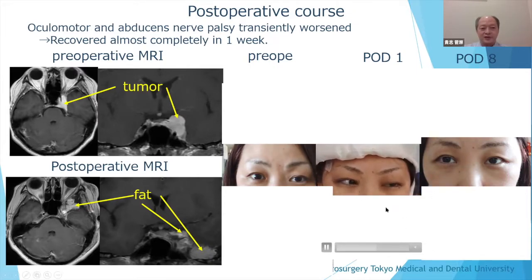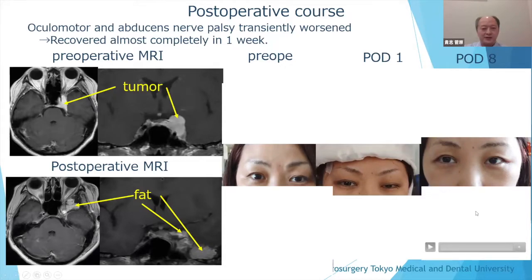Oculomotor and abducens nerve palsy transiently worsened like this. But this is within 1 week, after 1 week, and almost recovered eye movement and ptosis.